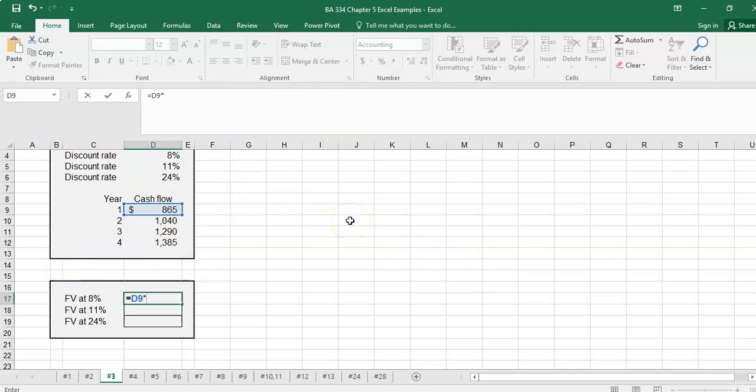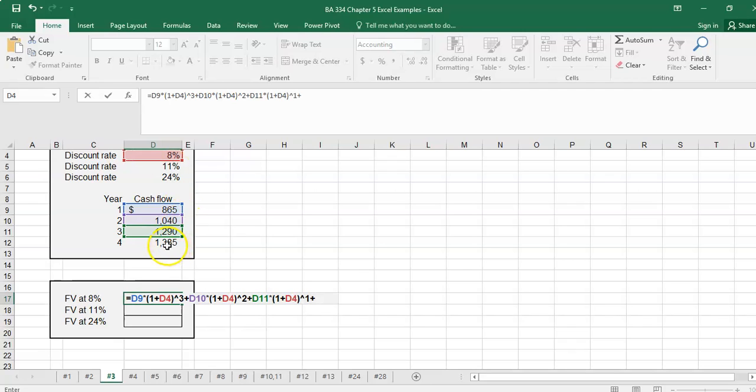So 1 times 1 plus the rate to the power of 3 plus your 2 times 1 plus the rate to the power of 2, because that's how many years it's going to earn interest, plus your 3 times 1 plus the rate to the power of 1.